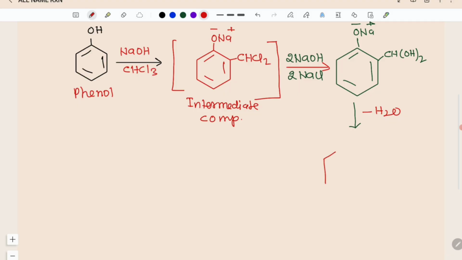So we get a product with ONa, and here is a CHO, and this compound on hydrolysis gives salicylaldehyde.